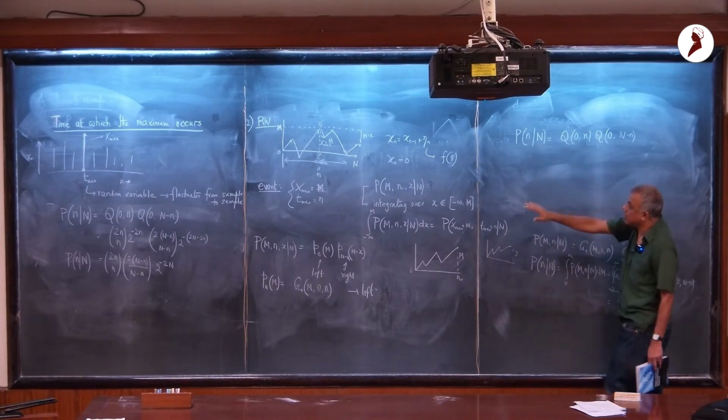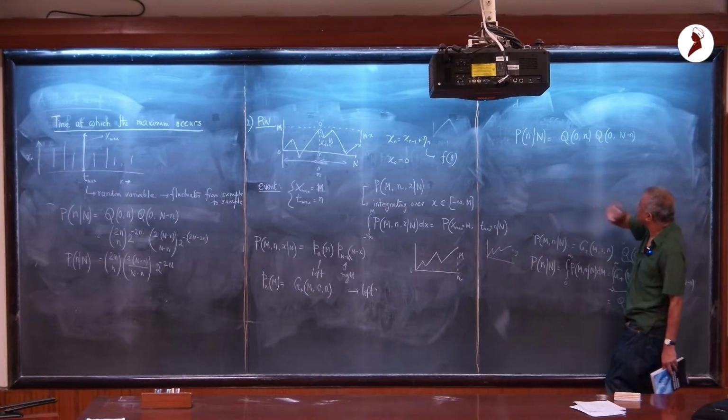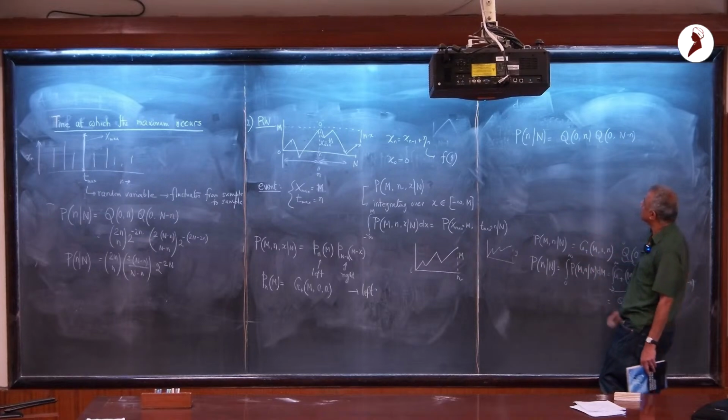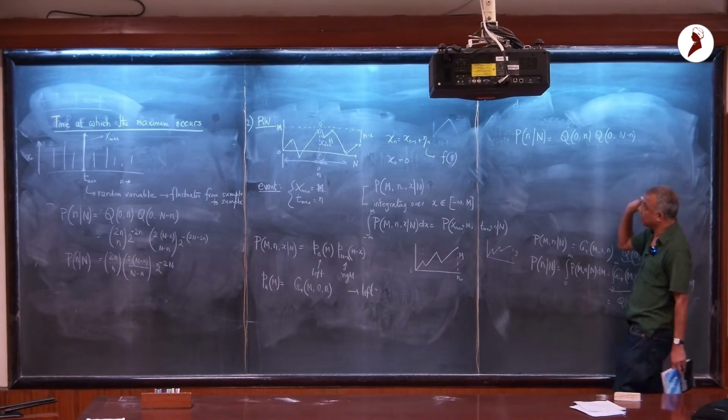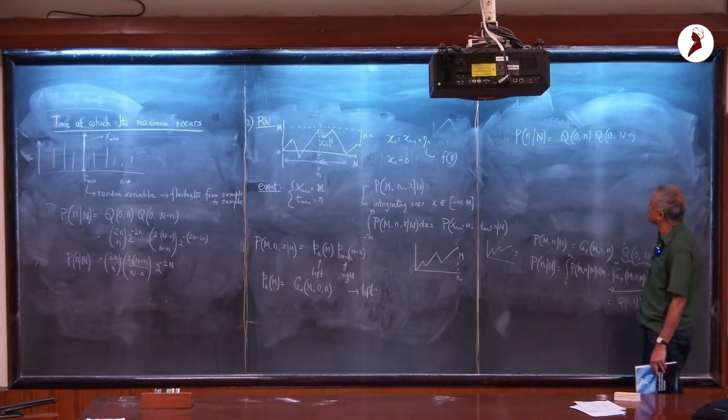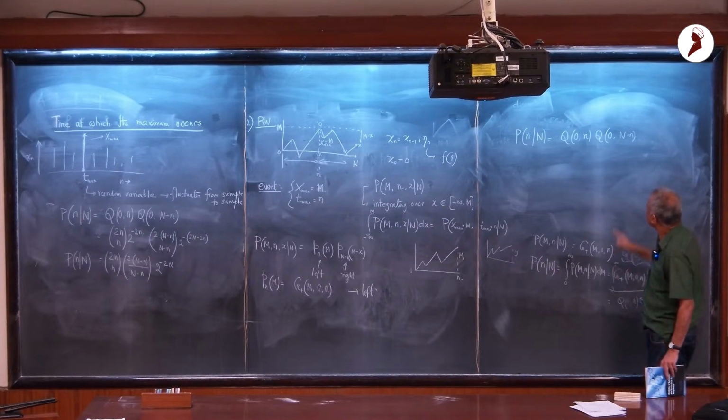Okay, so Sparre-Andersen tells me the answer. But suppose I don't know this Sparre-Andersen result, okay? This is exact, irrespective of whether I know the survival probability or not. But now you can use this result to prove Sparre-Andersen.